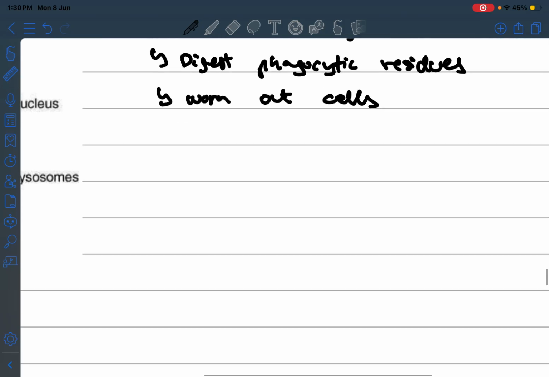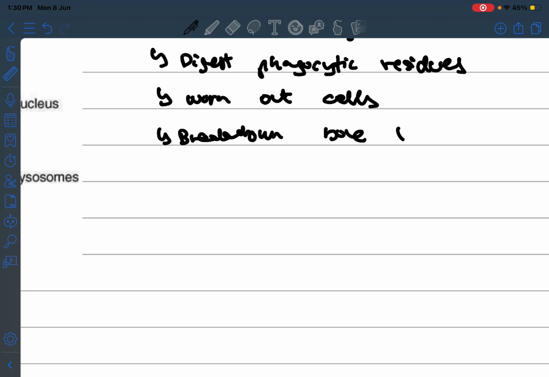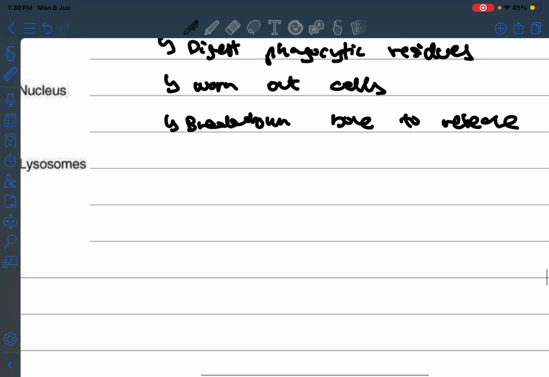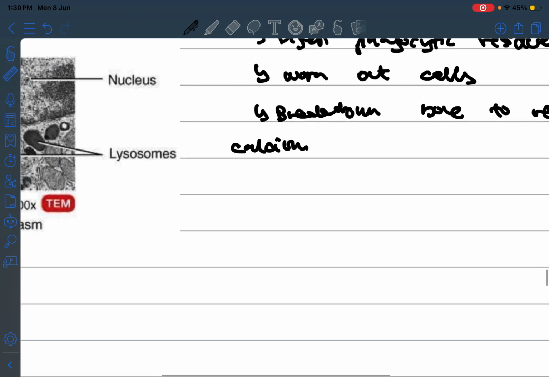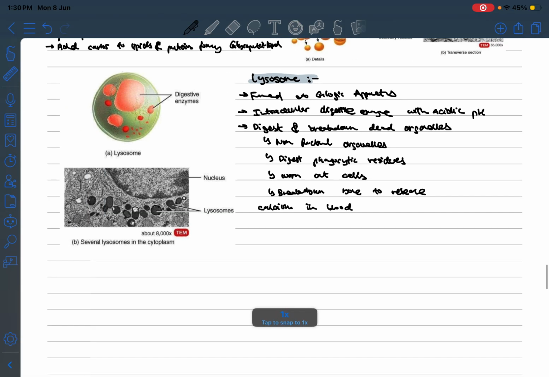They're also involved in breaking down bone, and that's done to release calcium into the blood, which is used in muscle contraction, amongst many others, but those are the main few functions I can think of. Basically, they break down old, worn out, dead, non-functional, or harmful particles in your blood in some way or the other.